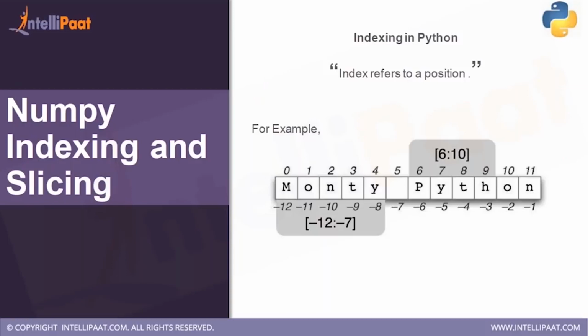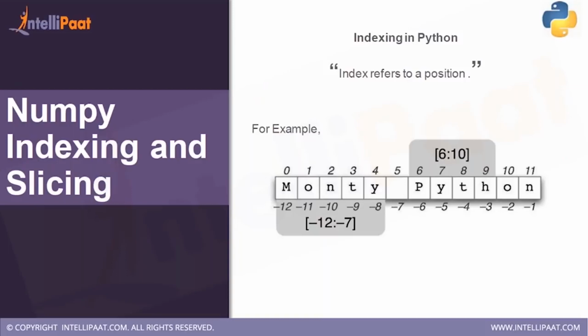When positive indexing is done, the index goes from a smaller number to a higher number and prints accordingly. For this Monty Python, going from 6 to 10 will take from P till H, because 10 is excluded.